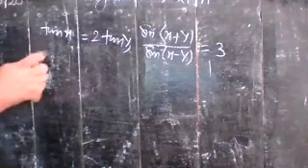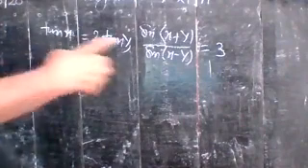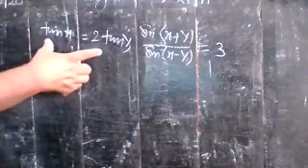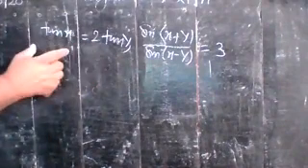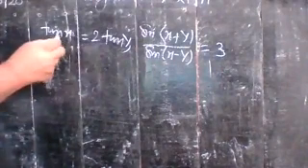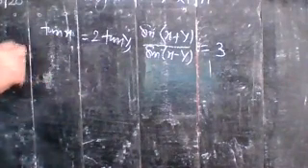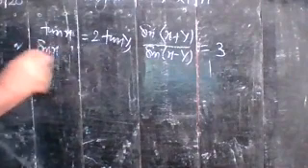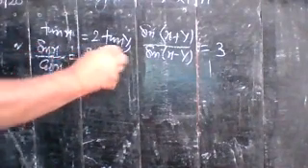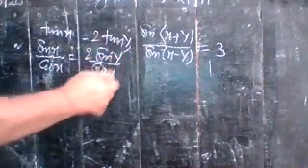First of all, here your result is in terms of sine, and the given relation is in terms of tan. Tan x is equal to 2 times tan y. So first you convert that into sine and cos. You write sine x upon cos x is equal to 2 sine y upon cos y.